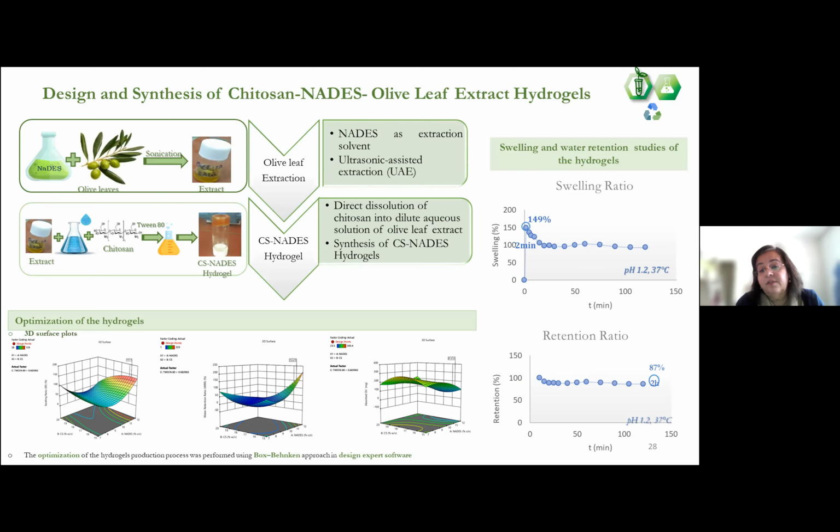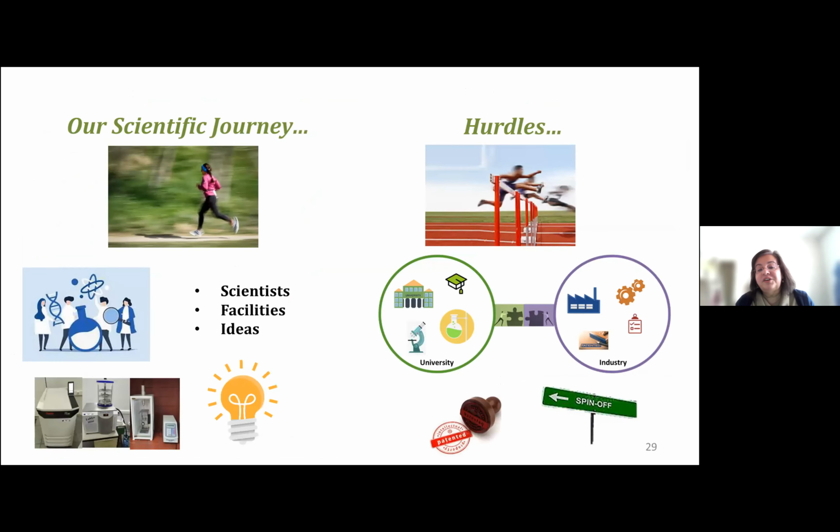And this is a very good opportunity to develop even greener materials. This is a work in progress, but still we can see that we have a good swelling ratio and a good retention ratio. So our scientific journey is going on.